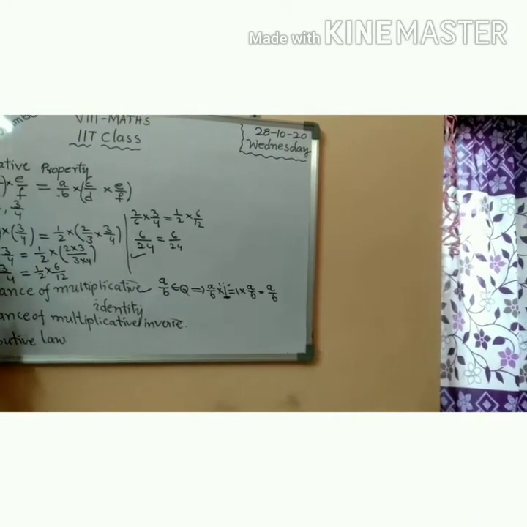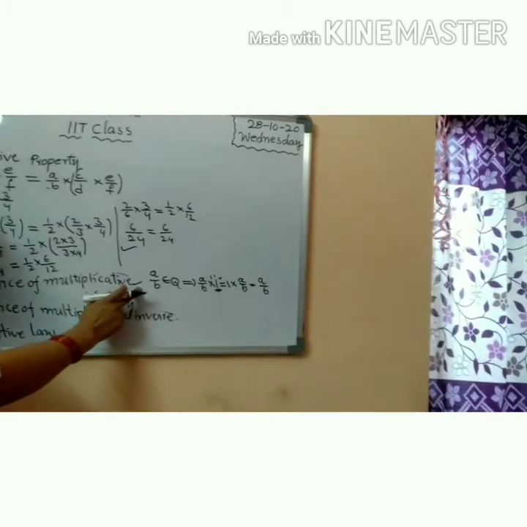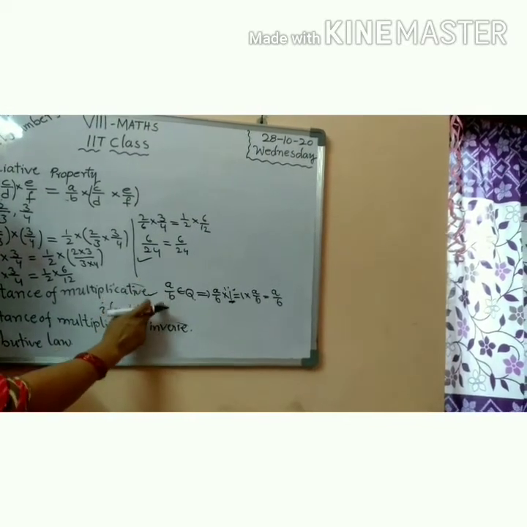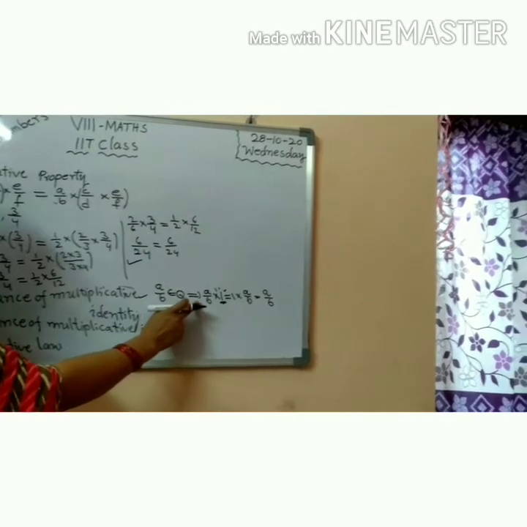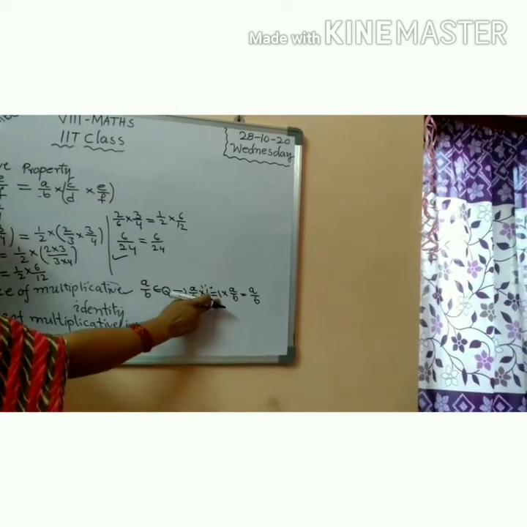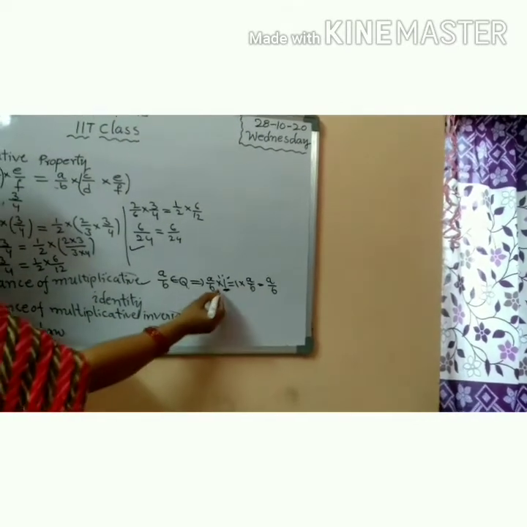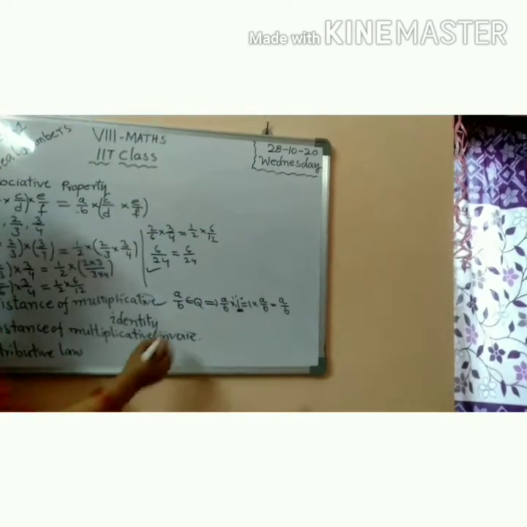Did you understand, children? Existence of multiplicative identity. For a/b, take any rational number, a/b belongs to Q. So a/b × 1 is equal to 1 × a/b is equal to a/b. So 1 is called the multiplicative identity.